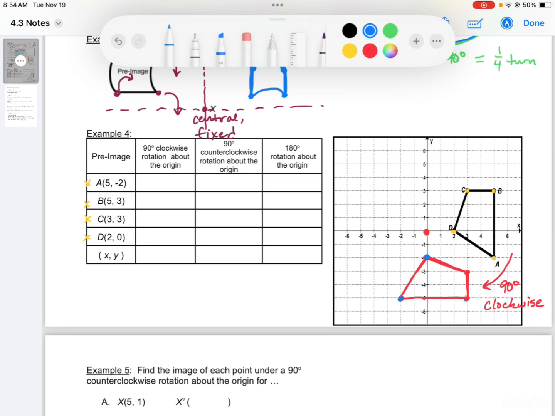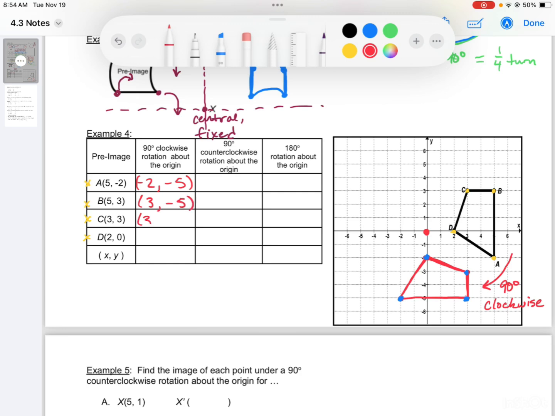So let's actually plot these points. I'm going to highlight all the vertices in blue just so they stand out. Let's record them and see if we notice any difference or any patterns. So starting with A, it was over at 5, -2, and it moved to -2, -5.